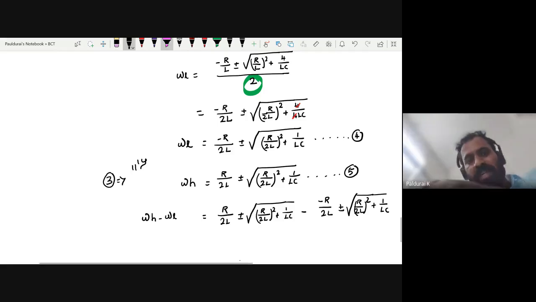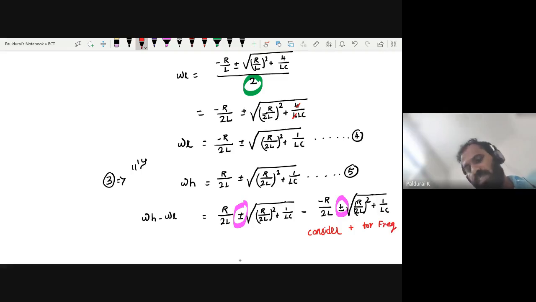Here there is the plus or minus, and you want to consider plus alone for frequency, because there is no negative frequency. Consider positive for frequency.